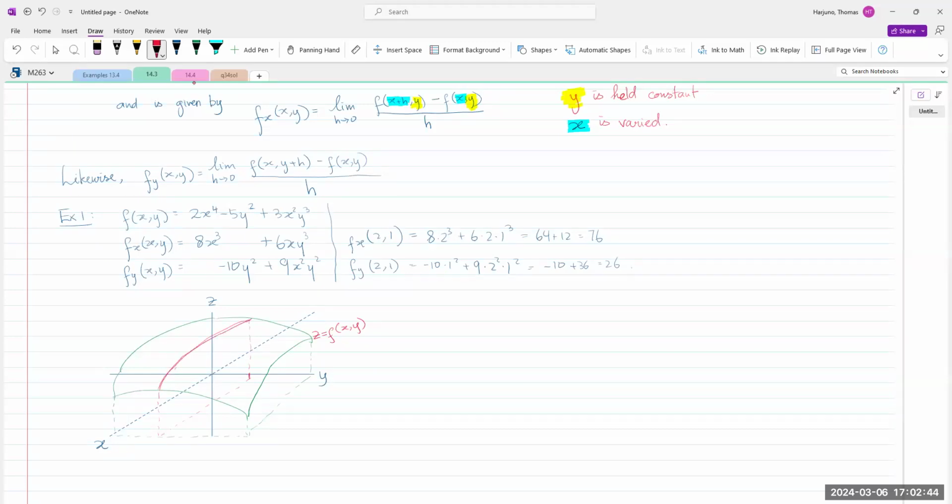So we fix the y, and at certain x, we are moving in the x direction by 1 unit. So this is our x, y coordinate. You move in the x direction 1 unit.